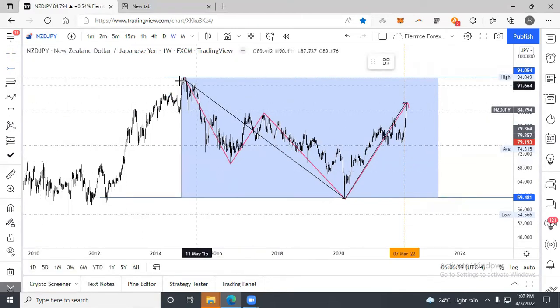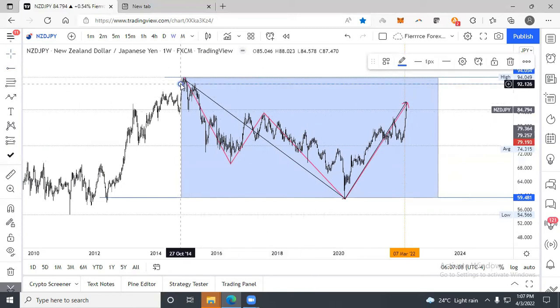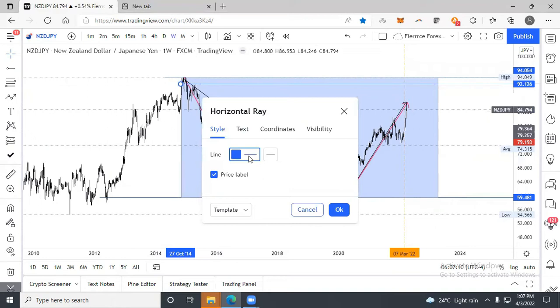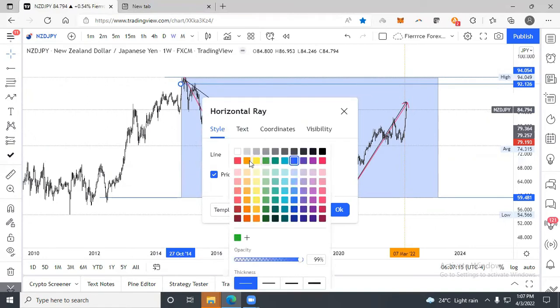What do I mean by that? So we have this major high, this major swing low, and then in between that, we have intermediary highs. And I think I'm just going to use a different color so that you all can see what I mean. So I'm going to use, let's say, orange. Yeah.